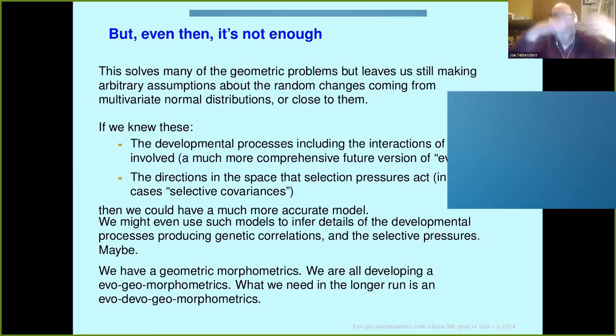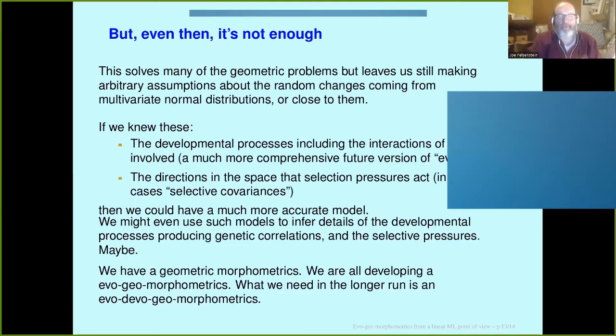And even though we can imagine doing the Markov chain machinery, it still leaves us without knowing about or using the developmental processes that produced these forms.